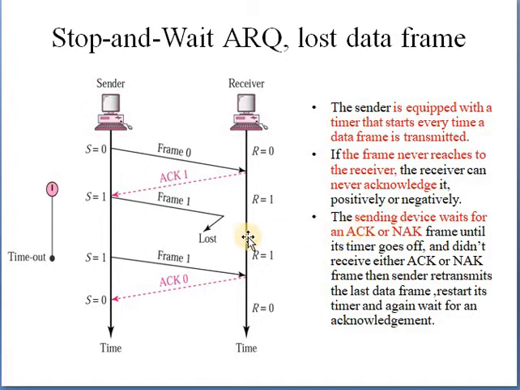At that time, the sending device waits for an acknowledgement or not acknowledgement frame until its timer goes off. After the timer goes off, it didn't receive either ACK or NAK frame, then the sender retransmits the last data frame. This is the third technique, that is lost data frames.